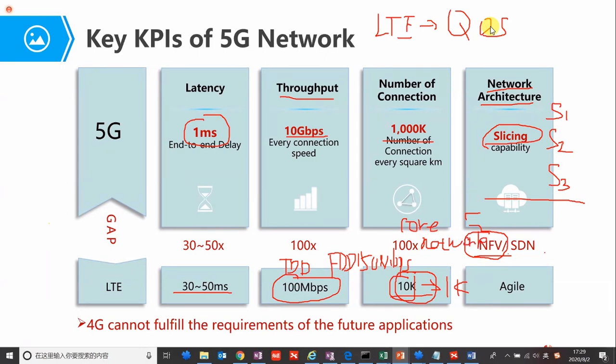And SDN means software-defined network. This is used in our IP transmission. Because of slicing, our transmission network also needs to be more flexible.